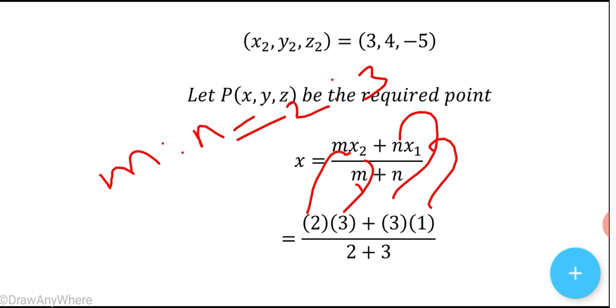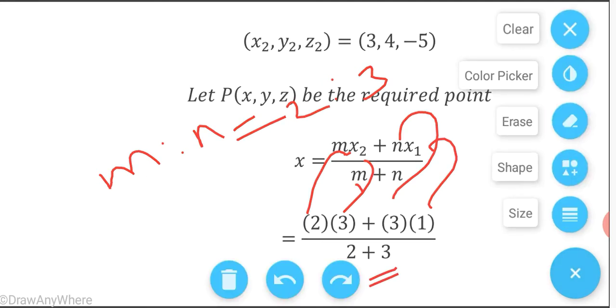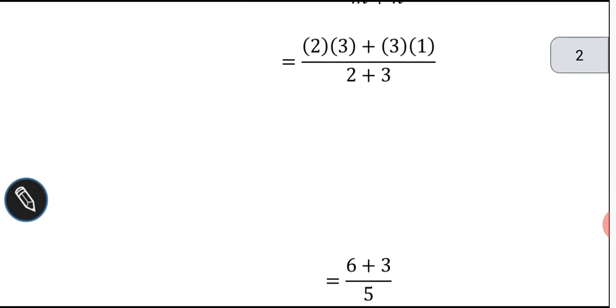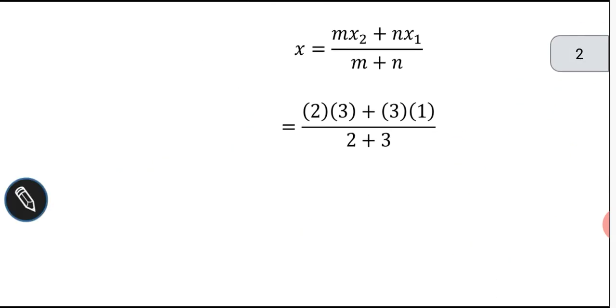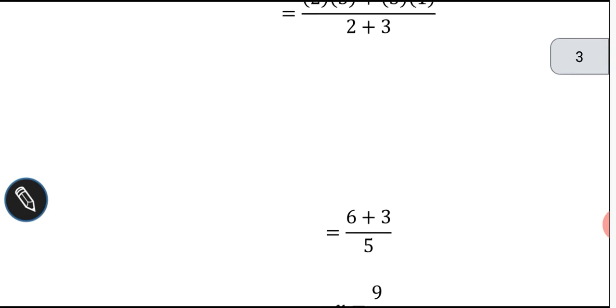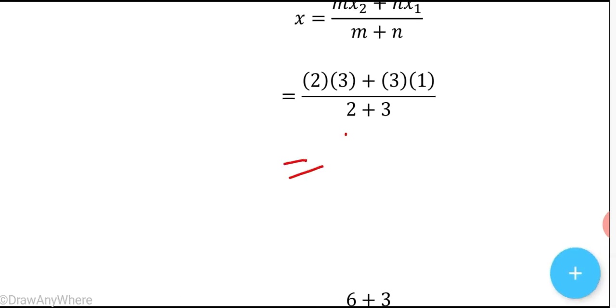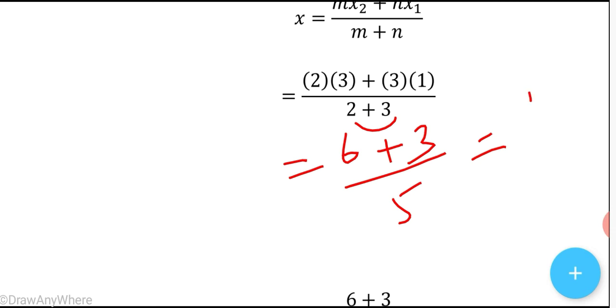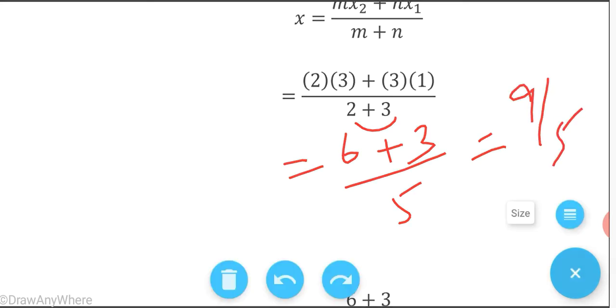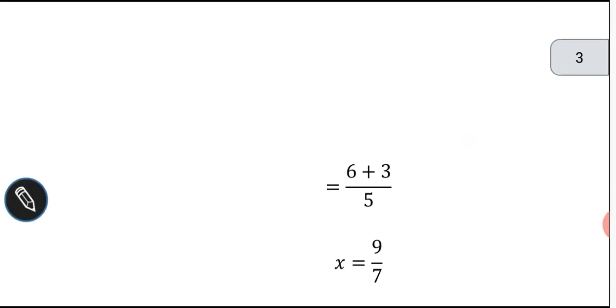The value of m is 2, value of n is 3. So 2 into 3 is 6 plus 3 into 1 is 3, divided by 2 plus 3 is 5. Okay, so 6 plus 3 is 9 divided by 5. Okay, so x equal to 9 divided by 5.